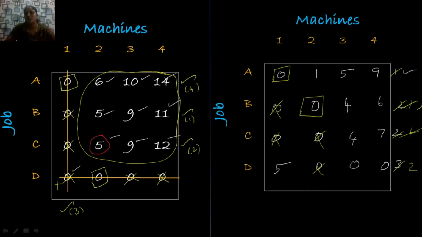So you move on to the last row. In the last row, we have two options. Either we make the assignment at this position or this position. So I prefer this position for making the assignment first and cross the remaining zero element in the same row and column.